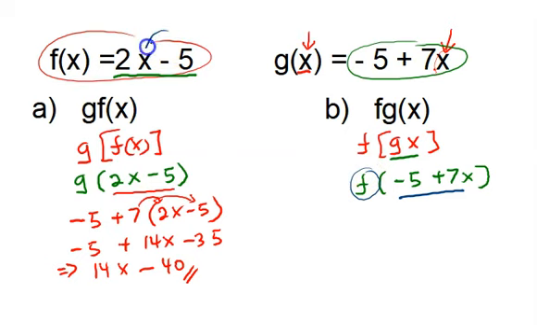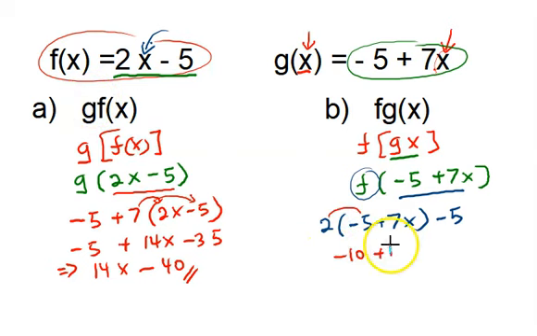So we replace it over here. You go 2 bracket negative 5 plus 7x, and don't forget the negative 5 here. Then we simplify this. So we get negative 10, 14x, and minus 5. So here we have 14x minus 15. Okay, so this is your answer for f g x.